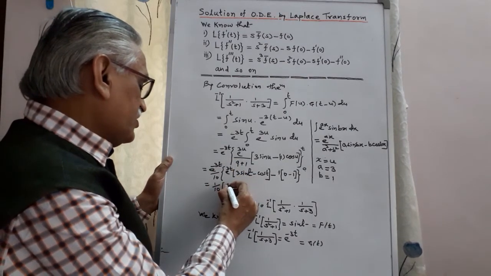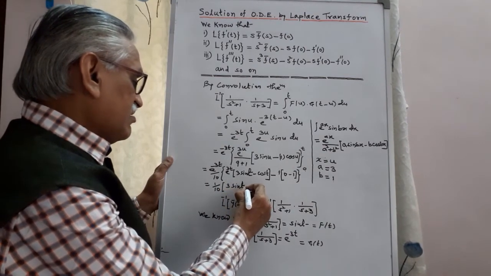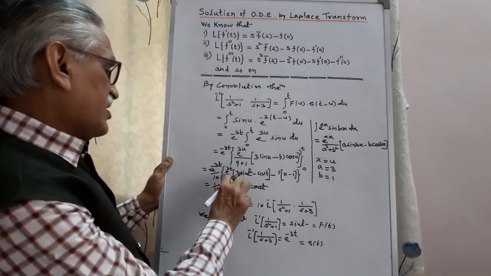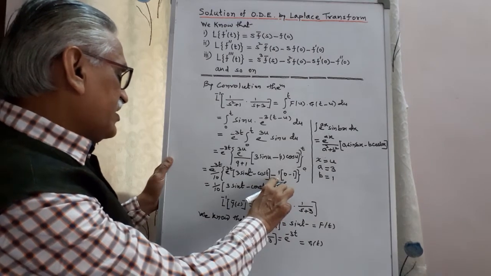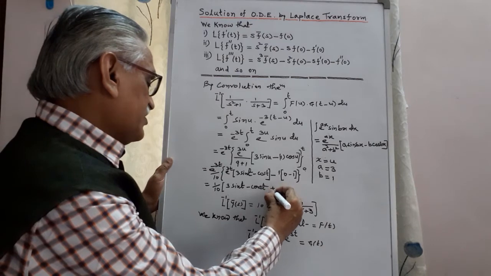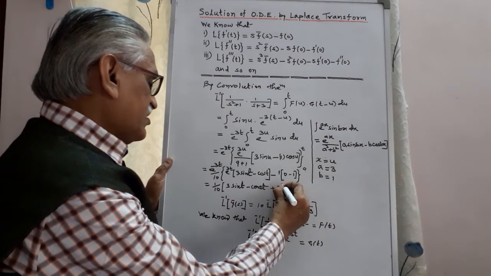Therefore 1 into this, 3 sin t minus cos t, and this is minus minus plus 1 into this, therefore plus e raised to minus 3t.